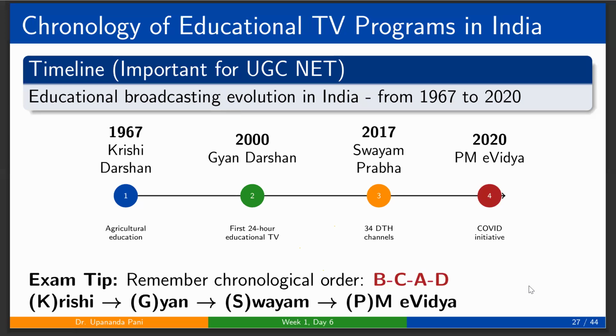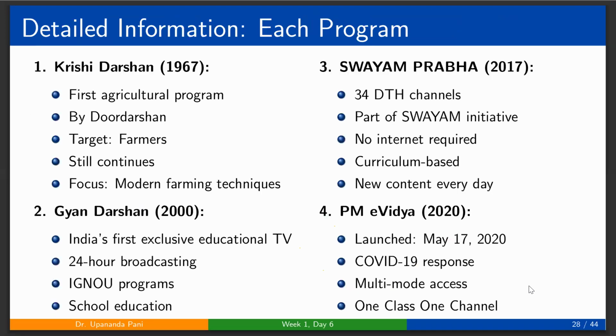Then, you can remember like this: Krishi, Gyan, KGSP. Okay, KGSP is also very important. Now, detailed information on each program, I think already you have discussed, right?